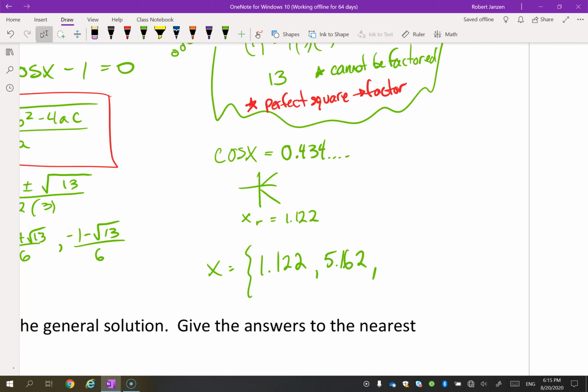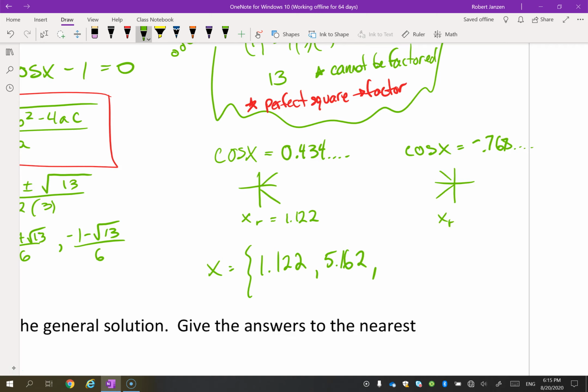Okay, now let's try the other one. Cos of x equals, so we're going to take negative 1 take away root 13, divided by 6. All right, and that's going to be negative 0.767. Well, we'll put 8 dot dot dot. It goes on for quite a while. And here it's going to be negative.